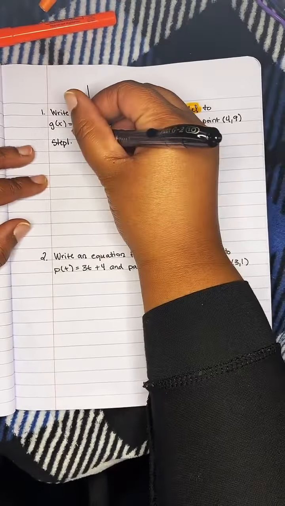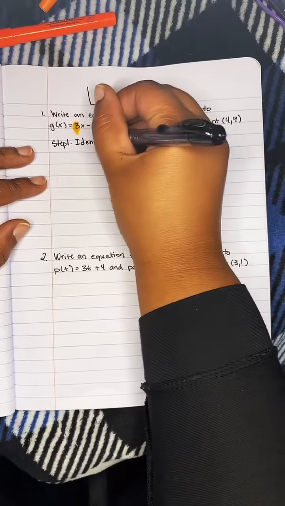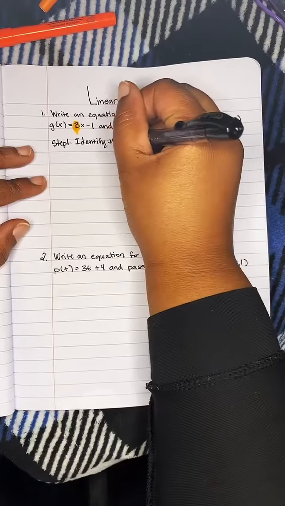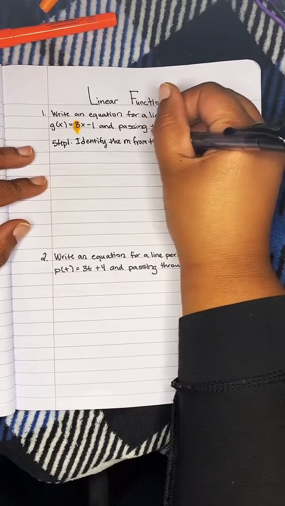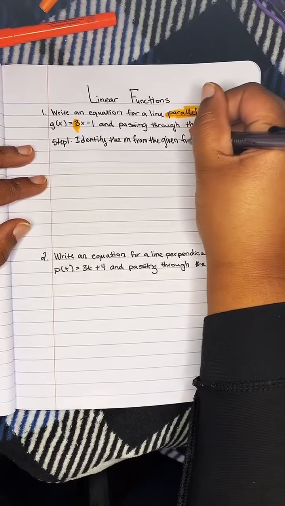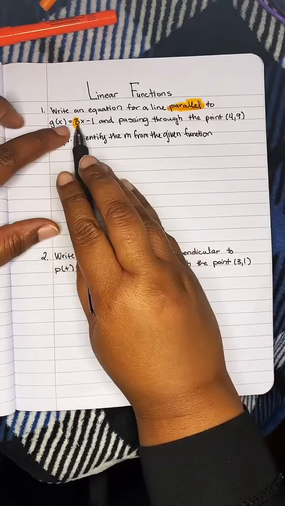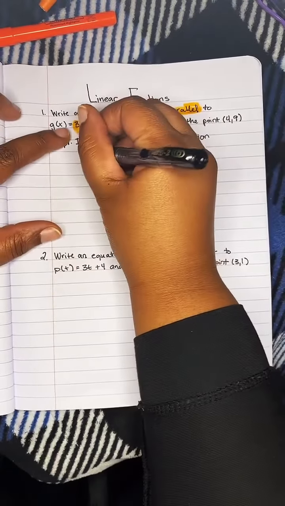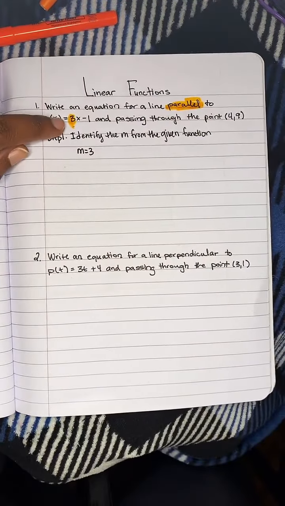Step 1, identify the m from the given equation or given function. So our m here is m equals 3. That's our very first step.